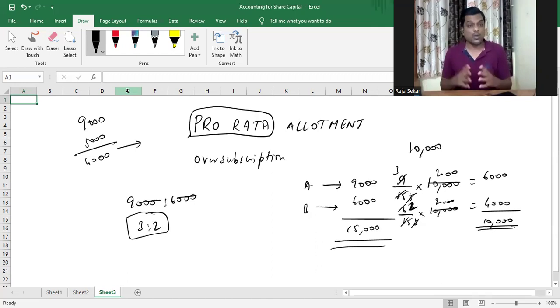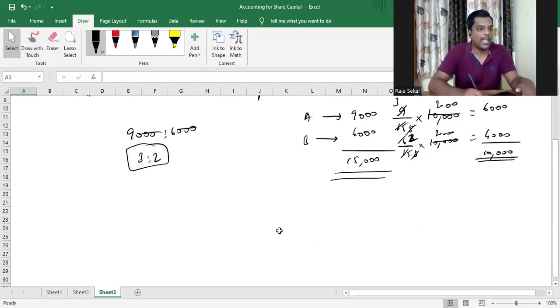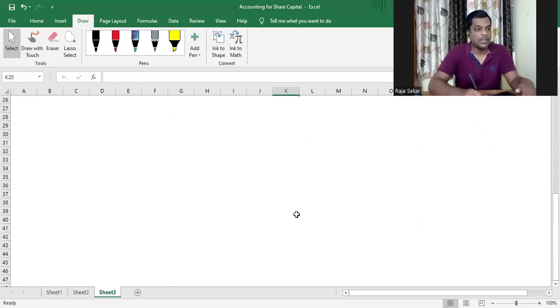Let me go ahead and solve some problems. The first thing that we have to learn while doing pro rata allotment is how to calculate the number of applications made by a shareholder from the number of shares allotted to him in a pro rata allotment, and the number of shares allotted to a particular person from the number of applications made by him.